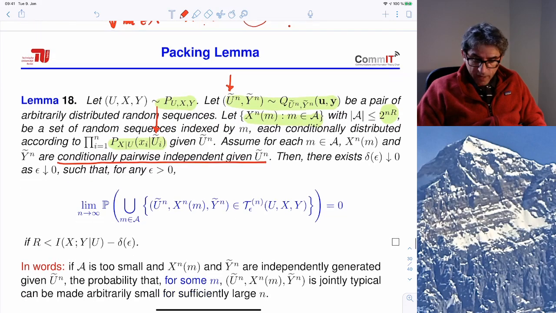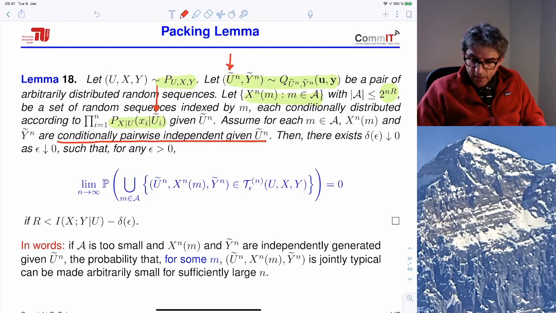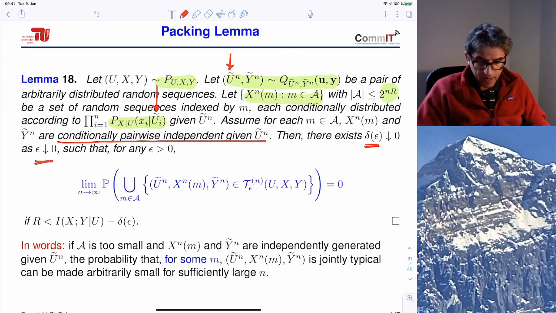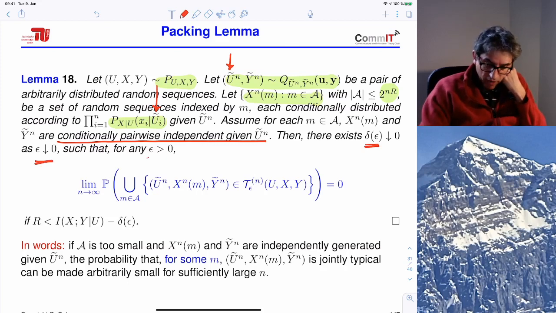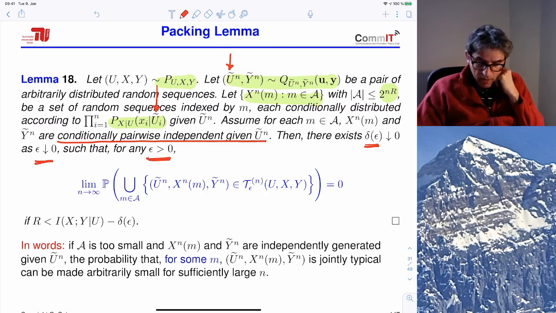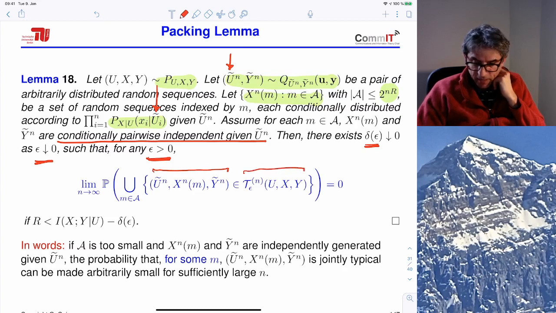So then the statement says that there exists a vanishing function delta of epsilon that goes to 0 when epsilon goes to 0, such that for every positive epsilon, the limit of the probability that for some m, the triple u tilde, x m, y tilde is jointly typical with respect to the typical set of the original distribution goes to 0.